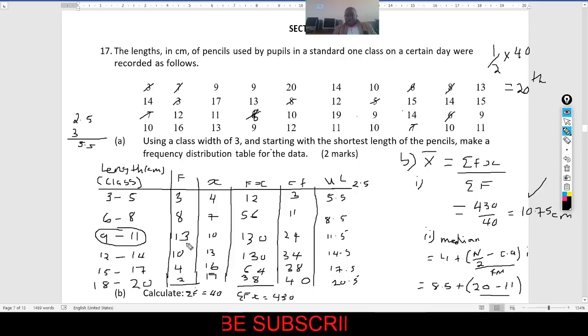Frequency of this median class is 13 divided by 13, then times the class interval, which is 3. If you do that calculation, you will find it to be 10.58 centimeters.